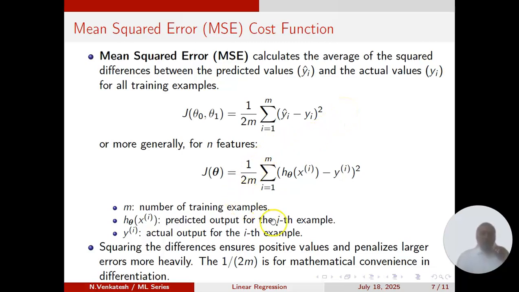Now 1 by 2m is for mathematical convenience, to cancel out while doing the differentiation, and we will discuss that in detail when we discuss the derivation part. For the time being, keep in mind that there is a purpose for each term here. Square has some purpose, and 1 by 2m also has some purpose.